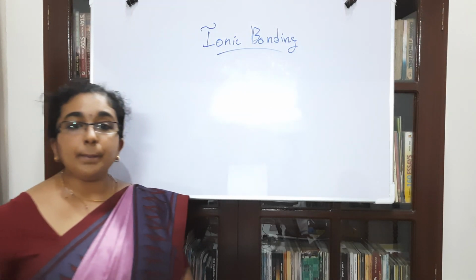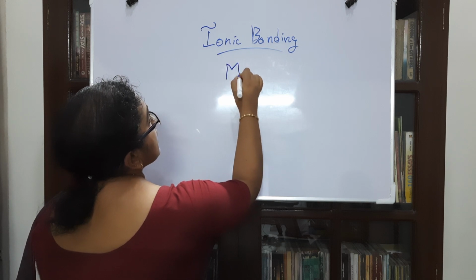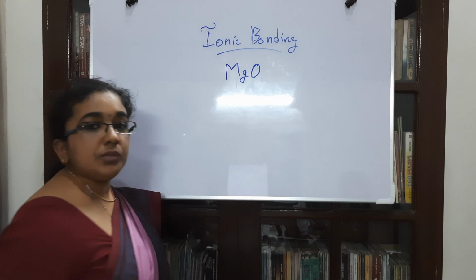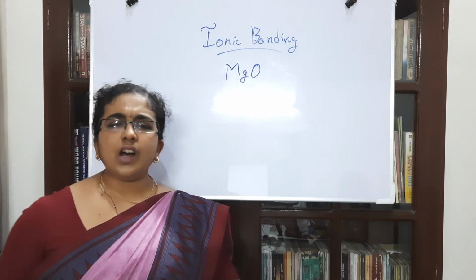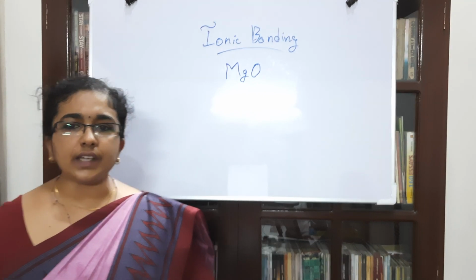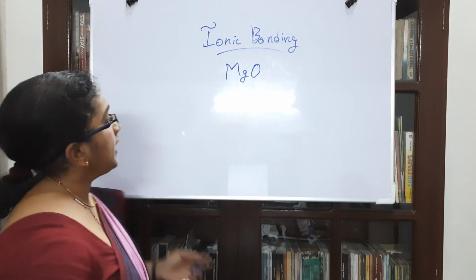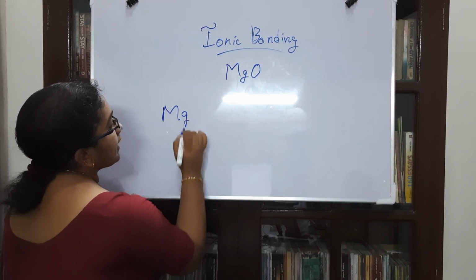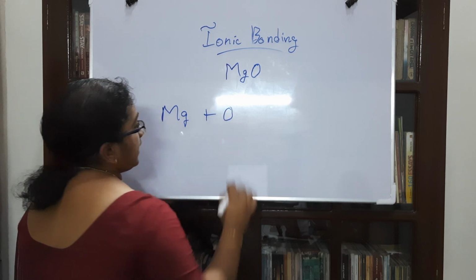That is magnesium oxide, which is represented by the formula MgO. Let's see how this magnesium oxide is formed from magnesium and oxygen. Magnesium plus oxygen.